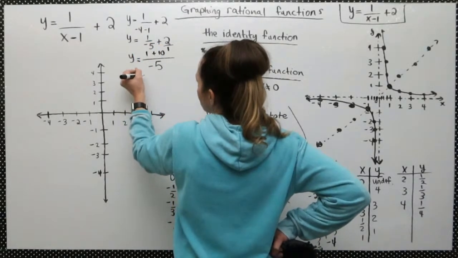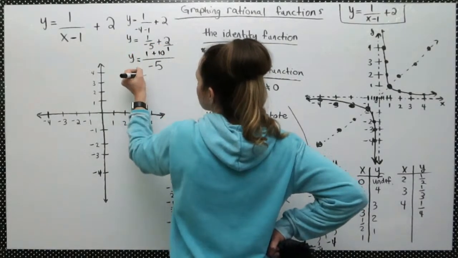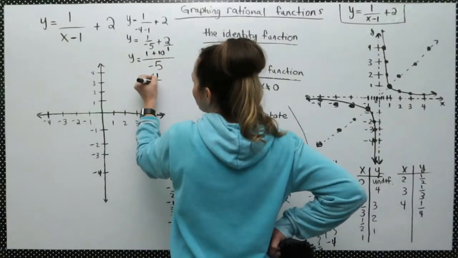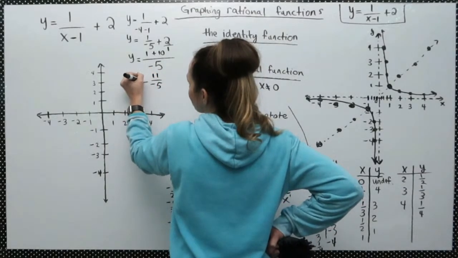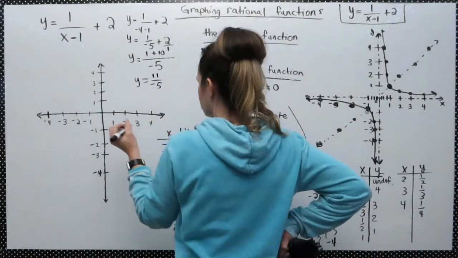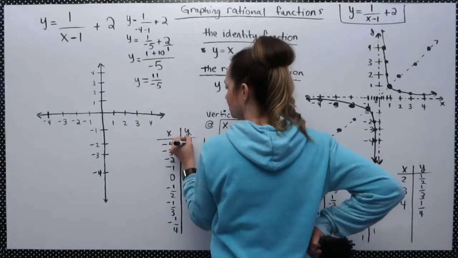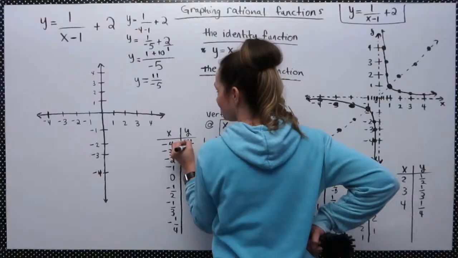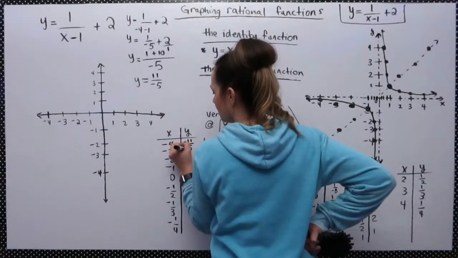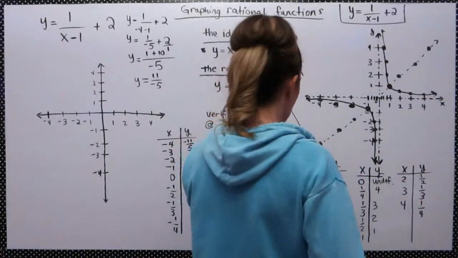So it looks like I've got 11 over -5 for my first term. Let's see where this -11 divided by 5 is. That's almost -2.